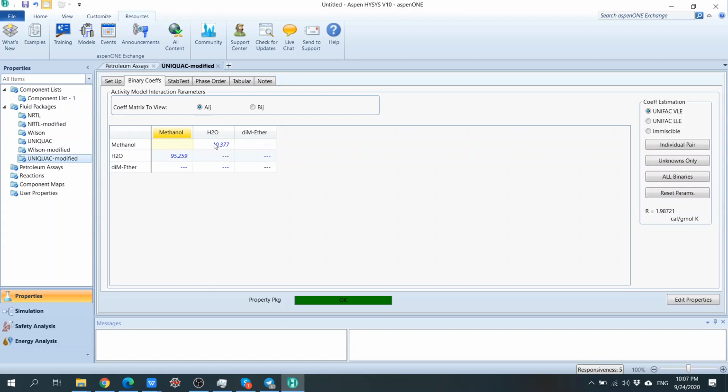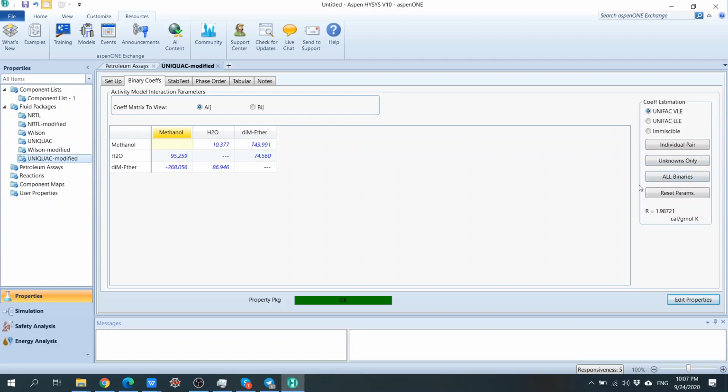See, the binary interaction parameters are different because obviously all three use different equations to match the data, so to say.